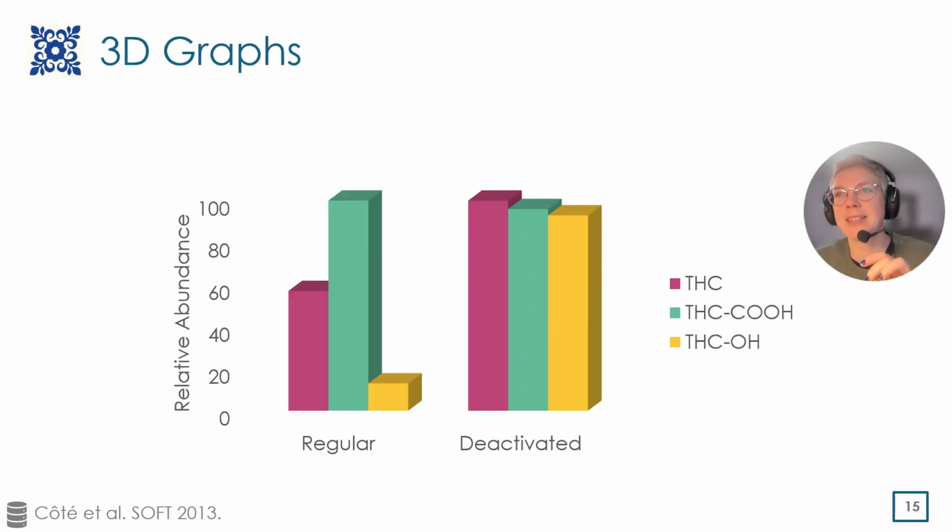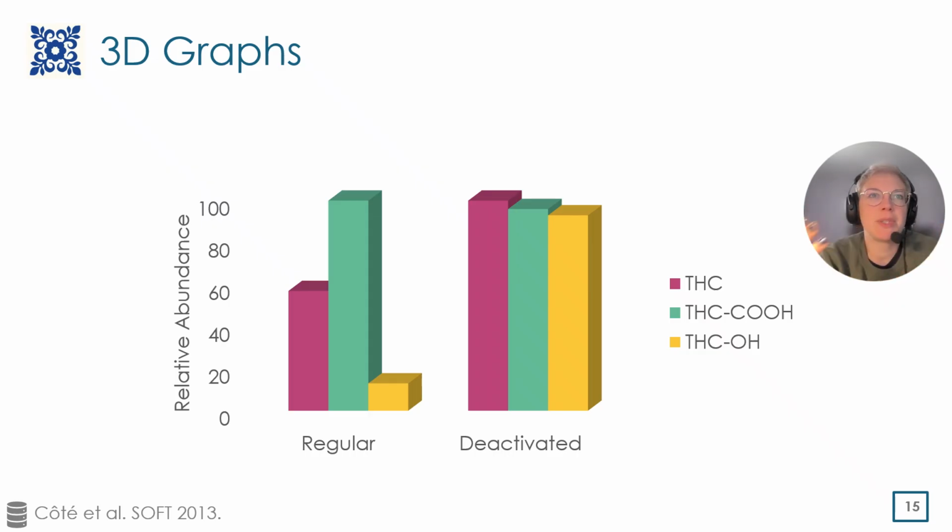Okay, next up on the list of bad stuff is 3D graphs. Why are 3D graphs bad? Again, they're hard to read. Some values here seem to be above 100%, like the green bar in the regular category. It's probably not over 100%, and yet it seems like that visually.